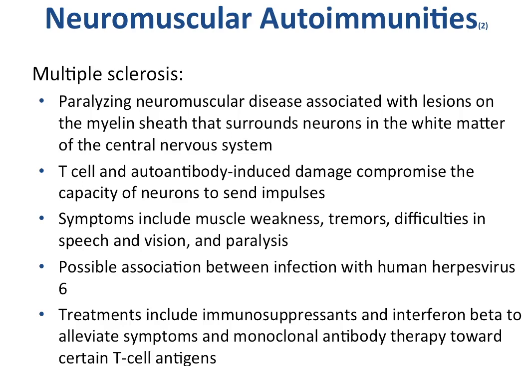The patient will have difficulty of speech, or even of vision. Multiple sclerosis is associated with human herpesvirus 6. The treatment would be immunosuppressants and interferon beta.